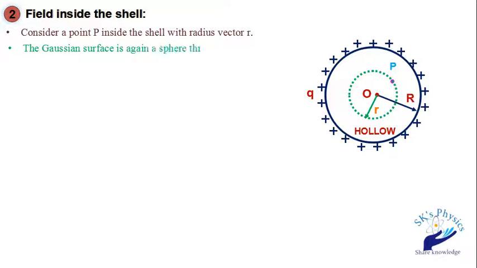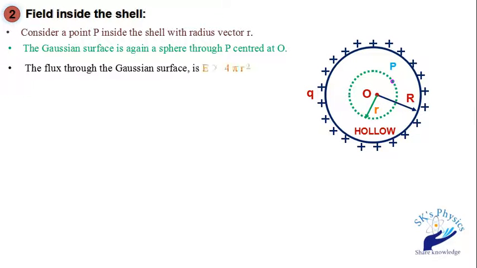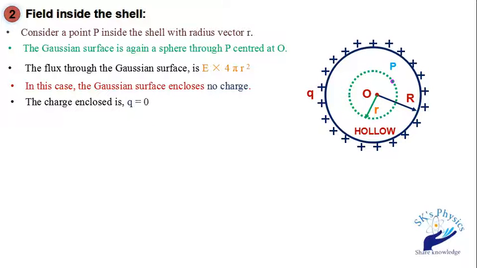The Gaussian surface is again a sphere through P centered at O. The flux through the Gaussian surface is E multiplied by 4 pi r square. In this case, the Gaussian surface encloses no charge because charge is only on the surface. The charge enclosed is q is equal to 0.